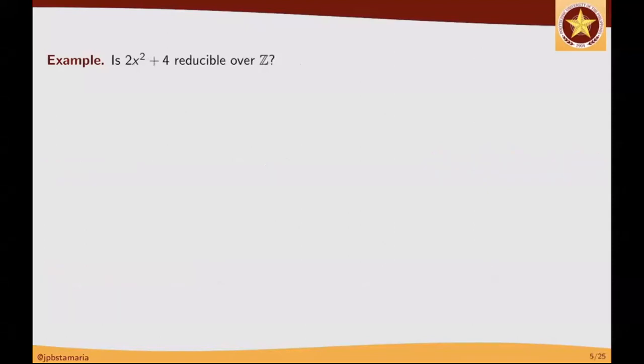Ito, itanong ako. This is now different. Kasi si Z ay hindi naman field. Pag hindi field yung ring, you have to go back to the original definition. Ito ba ay reducible over Z? Ulit.